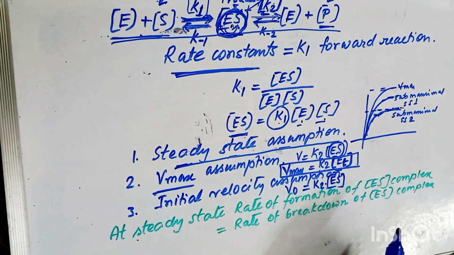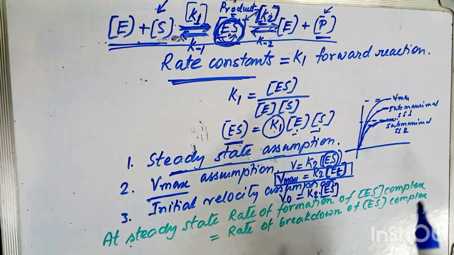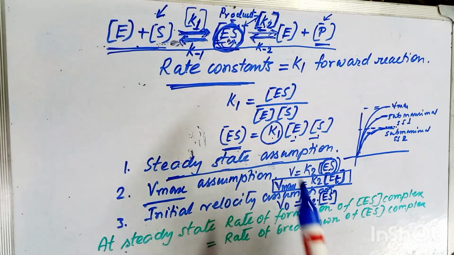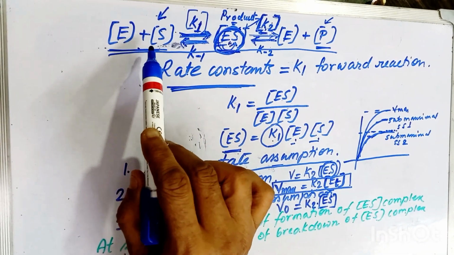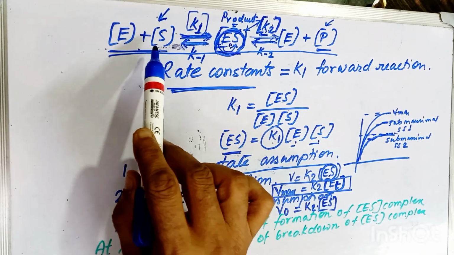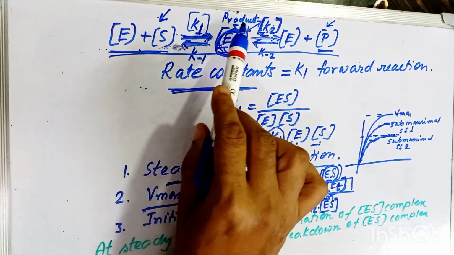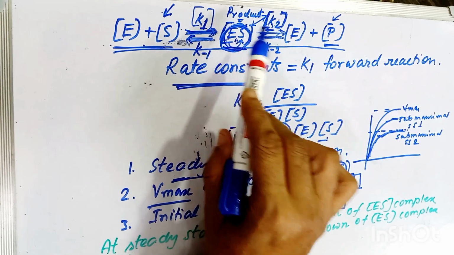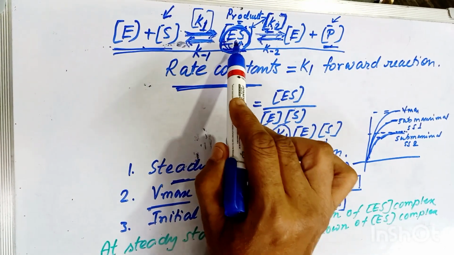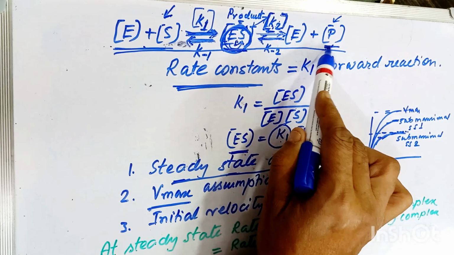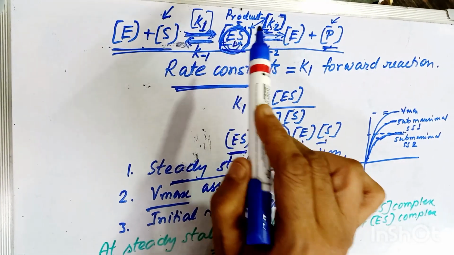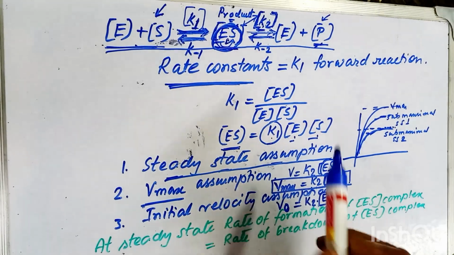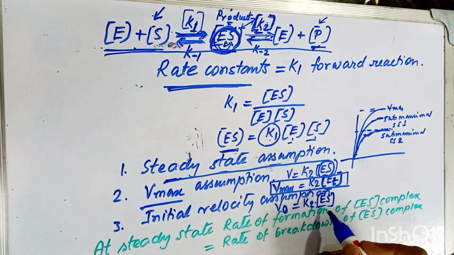That means in the first few milliseconds of the reaction, when the reaction has just started, it is the amount of ES that will tell us how much product is formed. It absolutely depends on the amount of ES. So the initial velocity V0 is equal to K2 into the amount of ES that is formed.